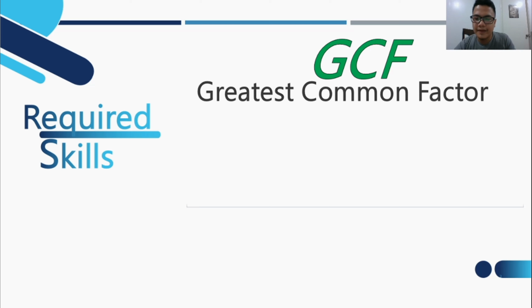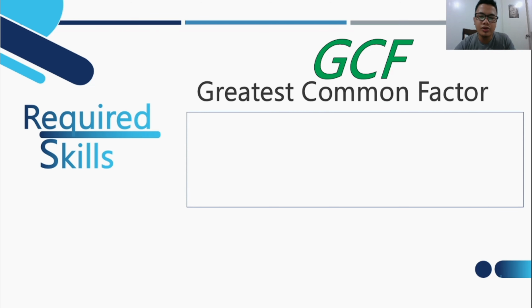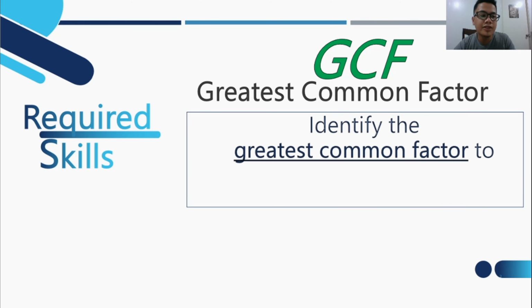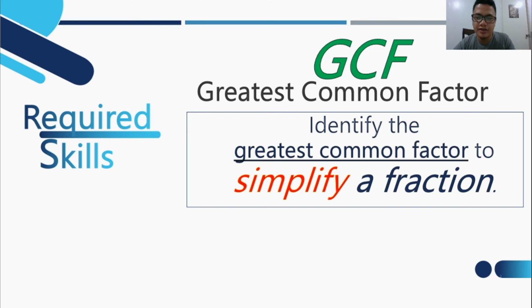Where are we going to use the GCF? Identifying the GCF is very helpful in simplifying fractions. We will be using the GCF to simplify a fraction, and later on we will understand also why there is a need for us to simplify fractions.